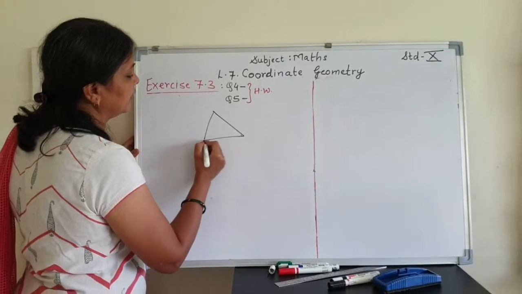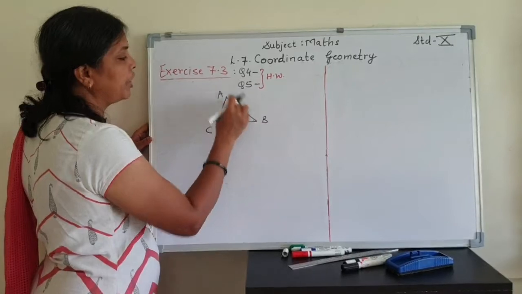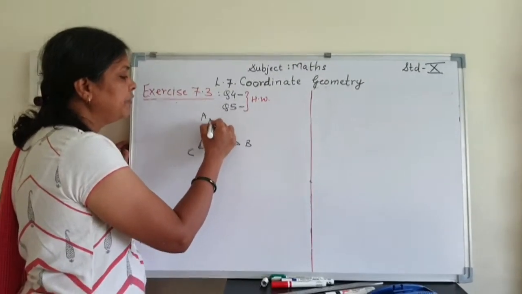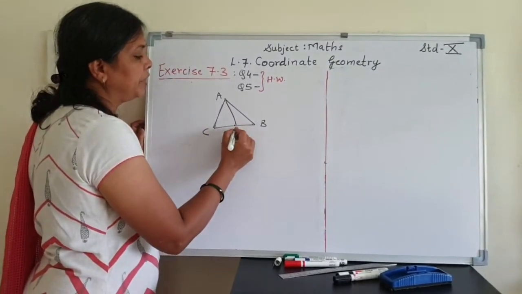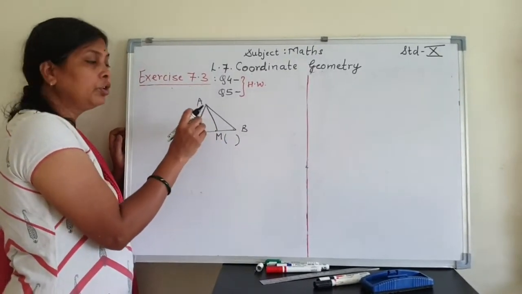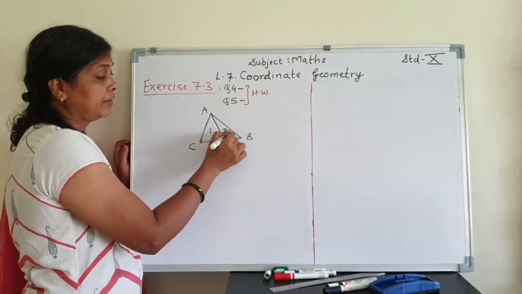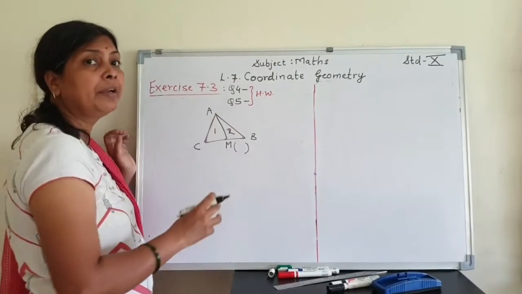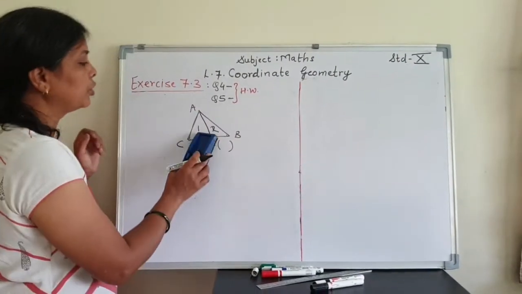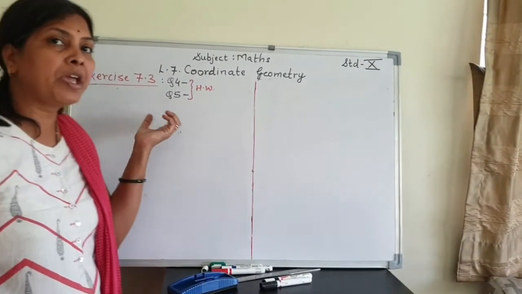They have told us that triangle ABC and the coordinates of the triangle are given, and they have given that one of the medians, suppose here we take median as M, then if these coordinates are given, then we have to show that the areas of these two triangles, triangle 1 and triangle 2, are equal. So you can show it by using the formula of area of triangle.